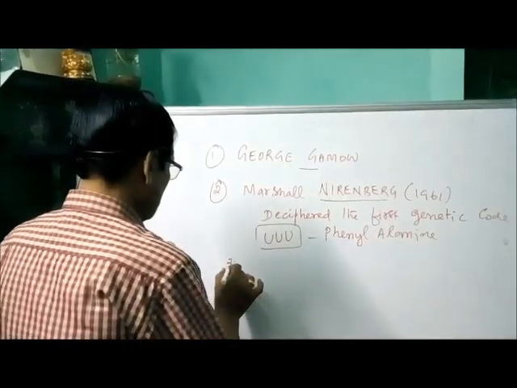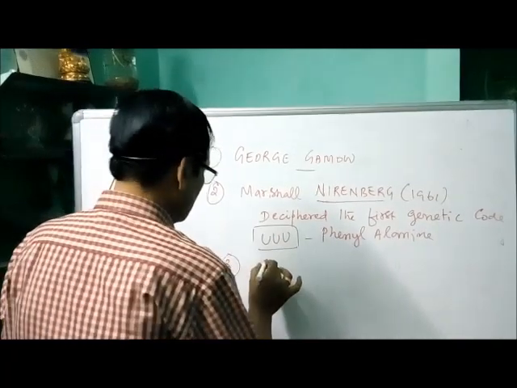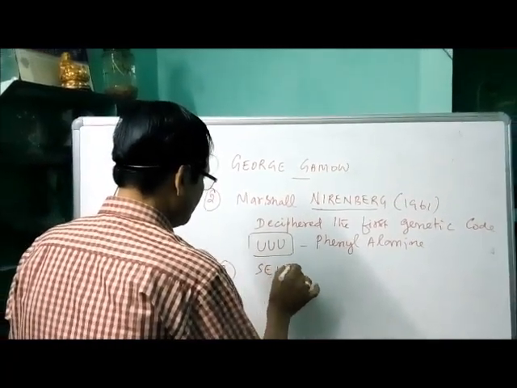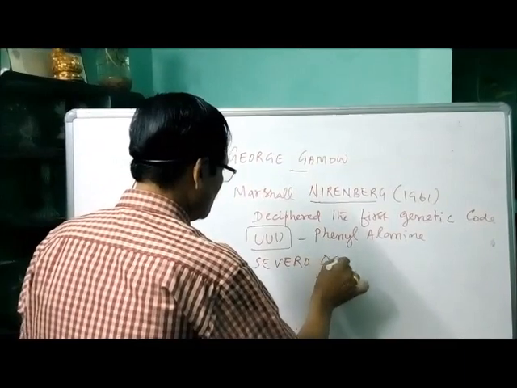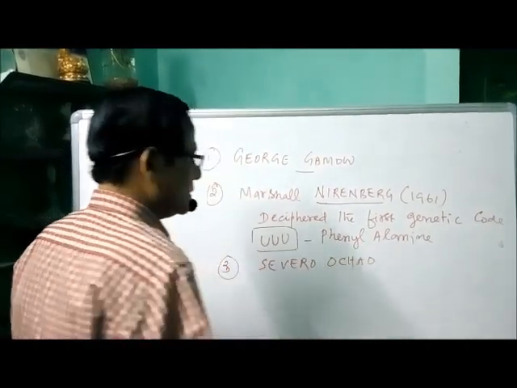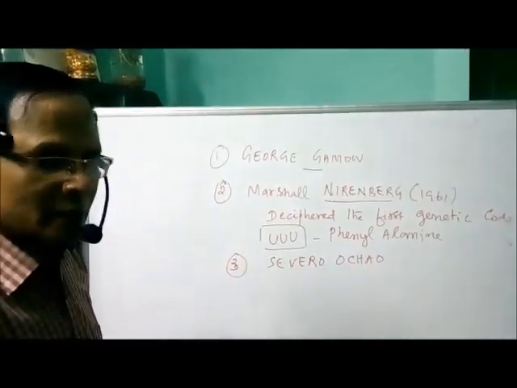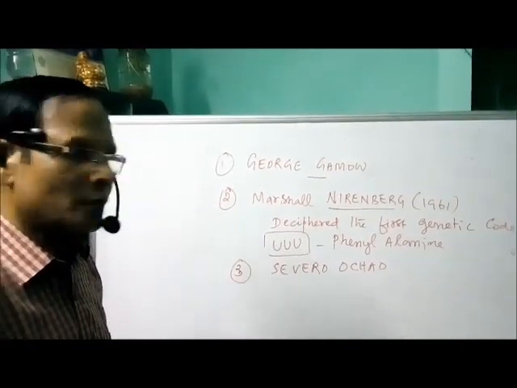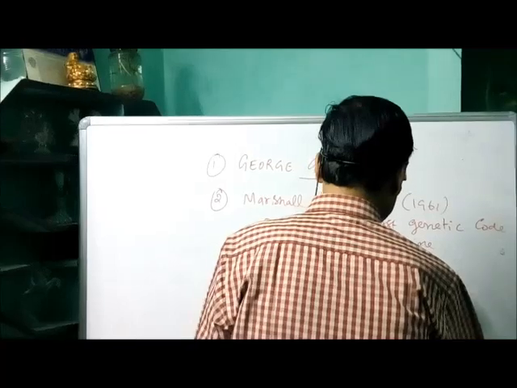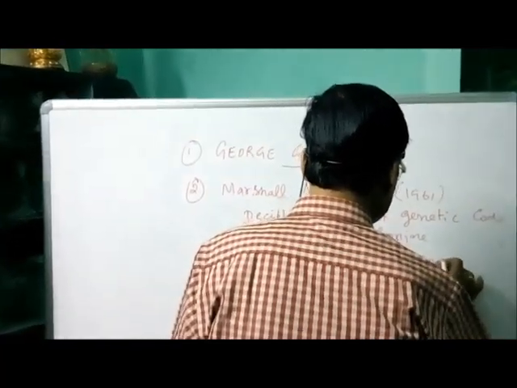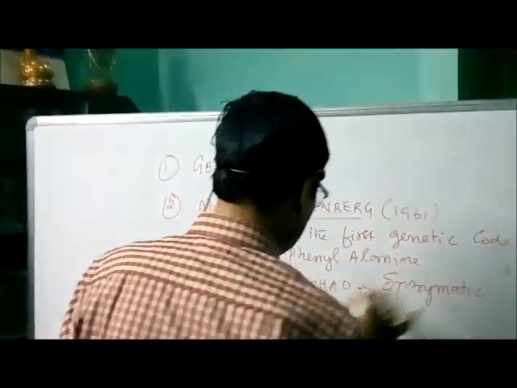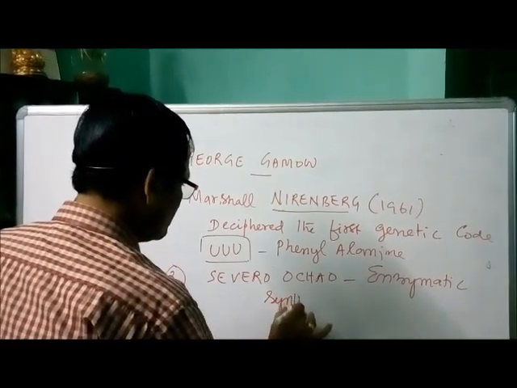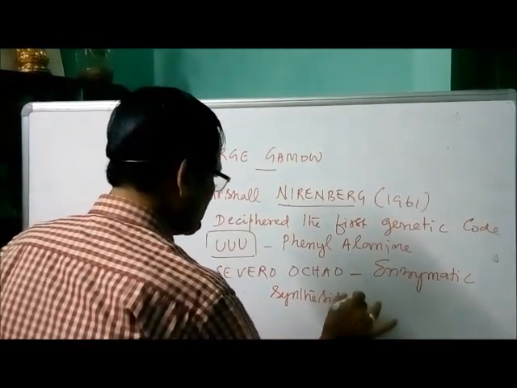Now, the third person is Severo Ochoa. He used a method called enzymatic synthesis of RNA.